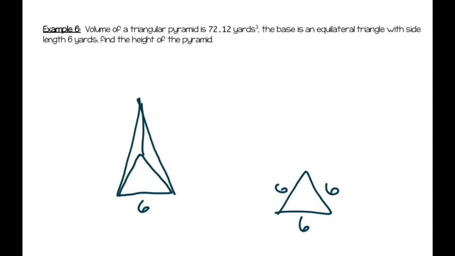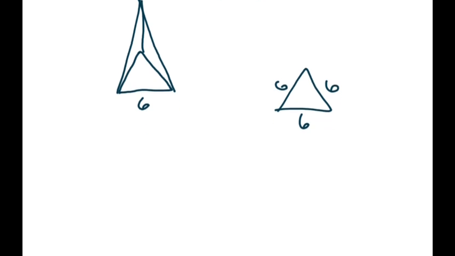Okay, so remember volume is equal to the area of the base times the height and then times a third. So that's for a pyramid. So the first thing I need to do is find the area of my base. So my base is my equilateral triangle. So when I do the area of my base, it's going to be 1/2 and then the base, and that's going to be 6. Number one mistake is saying that that's 3 because you're thinking like 3 right there.